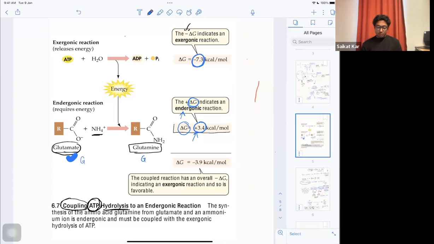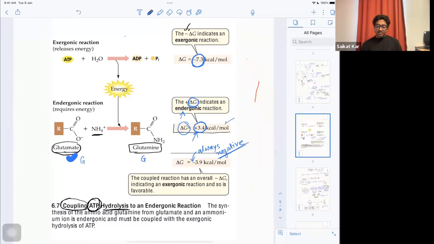If you total this, the overall change is always negative. So one positive, one negative, but the overall change is always negative. This is how even these reactions follow the second law of thermodynamics, that ultimately del G should be negative.